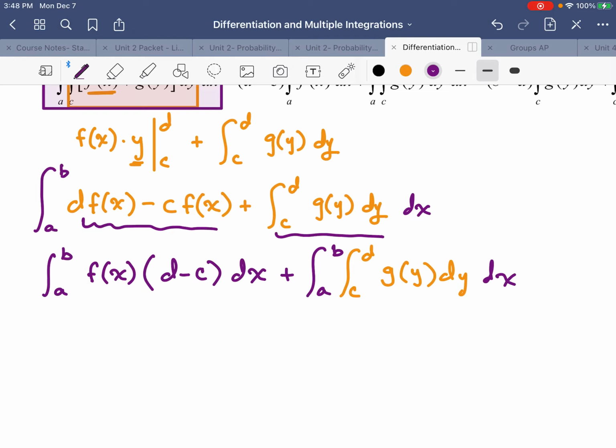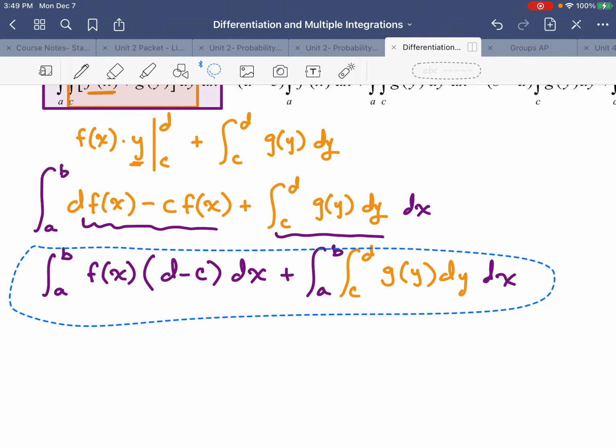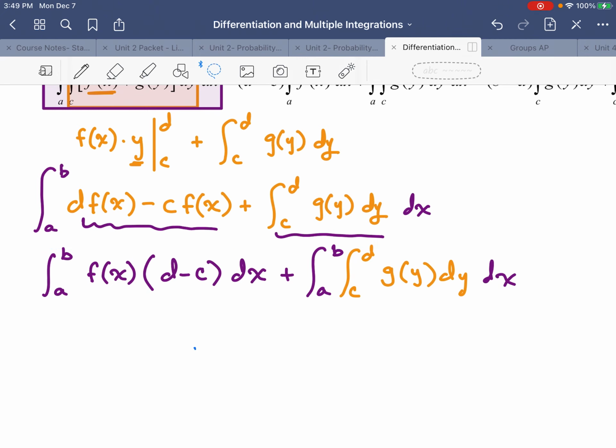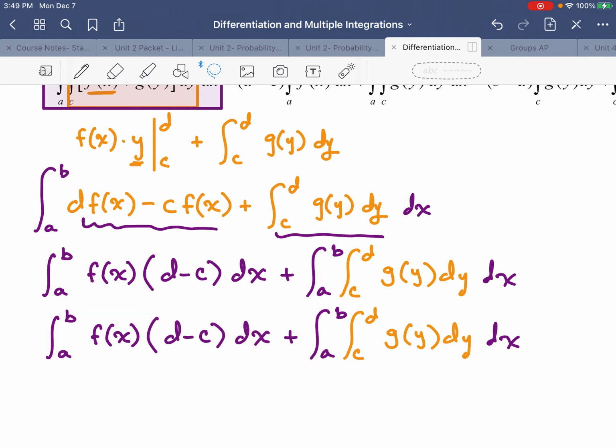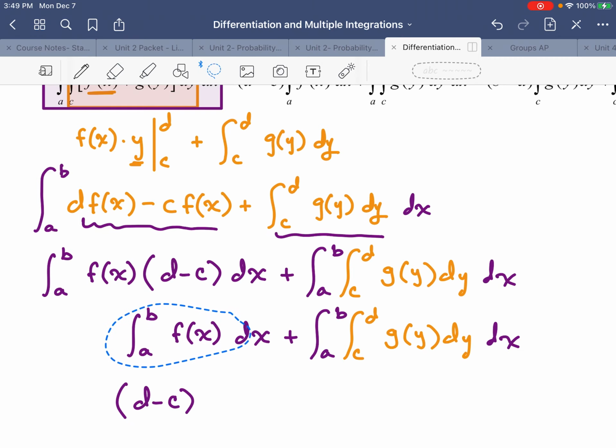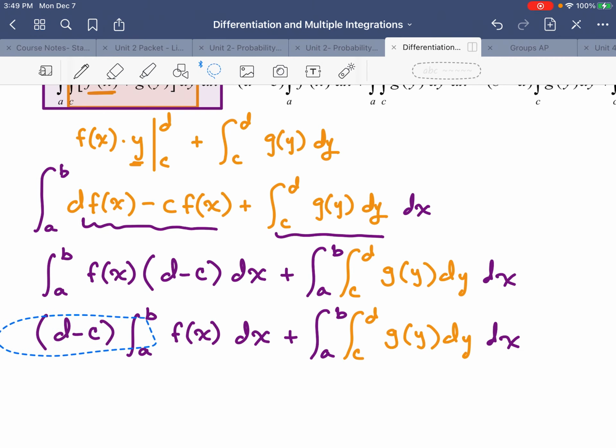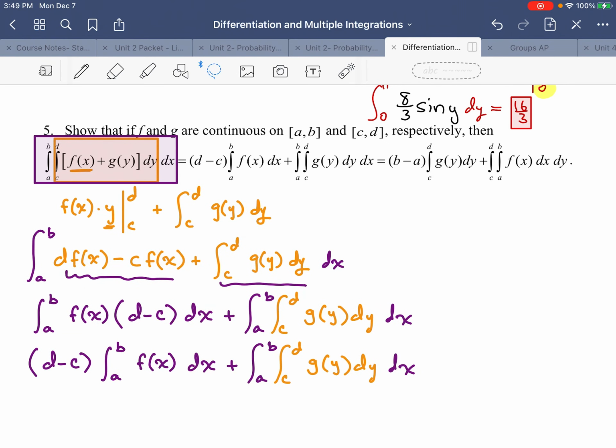At this point, the best I can do is pull out that d minus c. So I'm going to get a little slick here with a little copy paste action. Move this, collapse it down, and throw this in front.